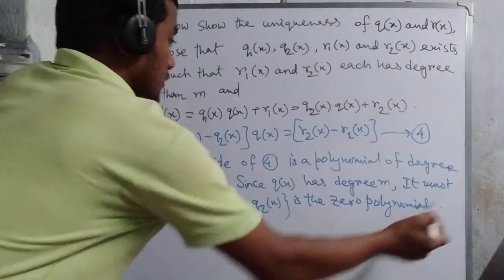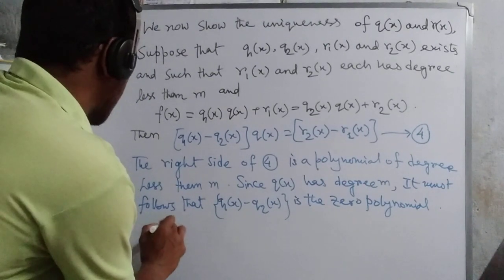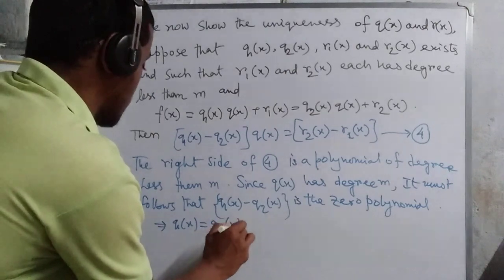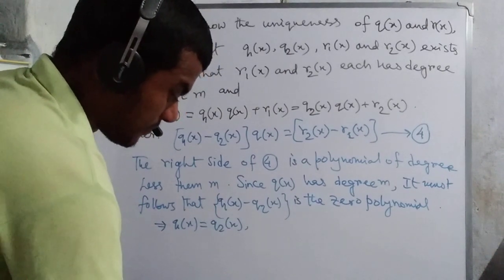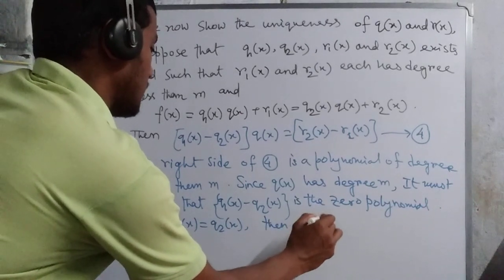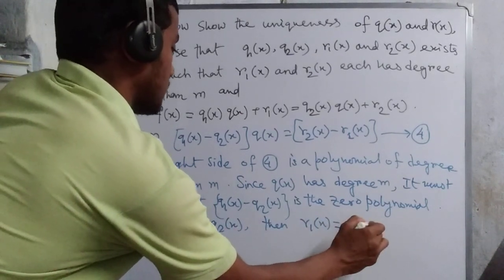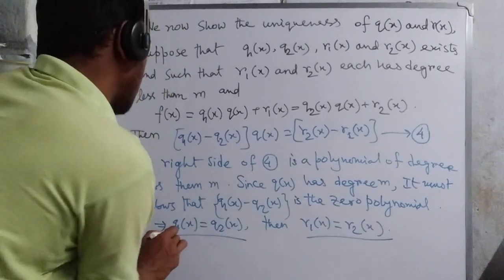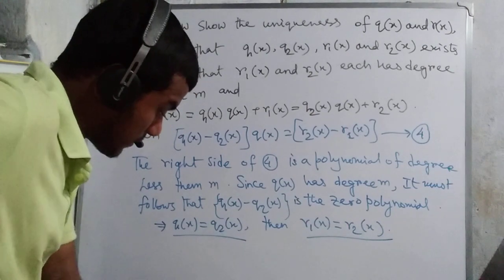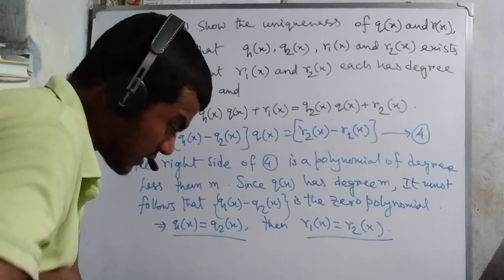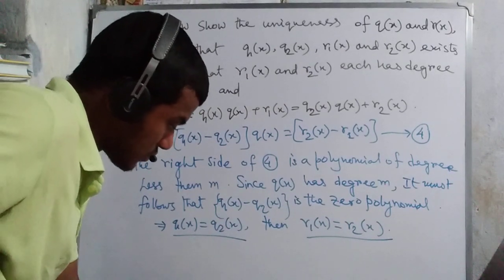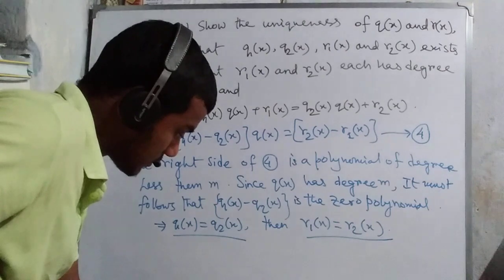This implies that q1(x) equal to q2(x), and obviously then r1(x) equal to r2(x). So uniqueness is done, not a problem at all.